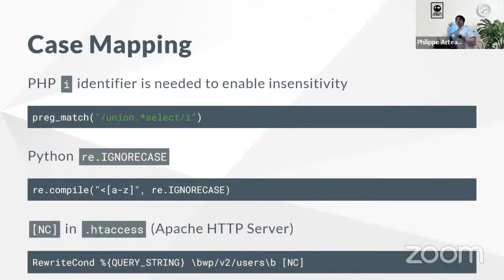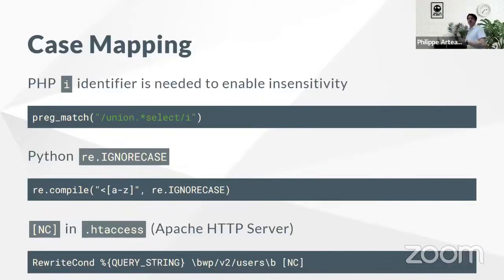So what do you need to look for when you're reviewing maybe some regex or some configuration? Look for case insensitivity. If you have a regex in your WAF configuration, make sure it has, for example, in PHP, the i identifier at the end, saying okay, if this pattern is present, regardless of the case, it would be matched.